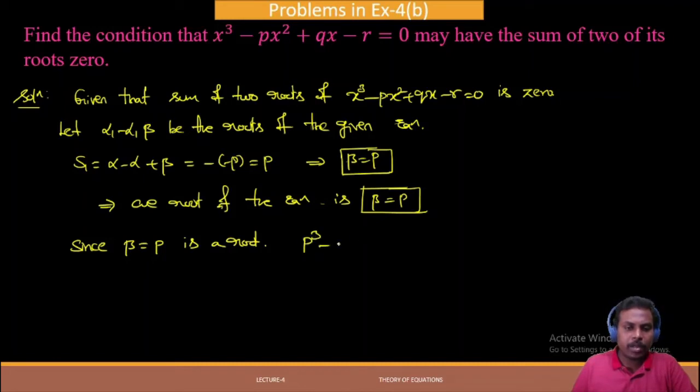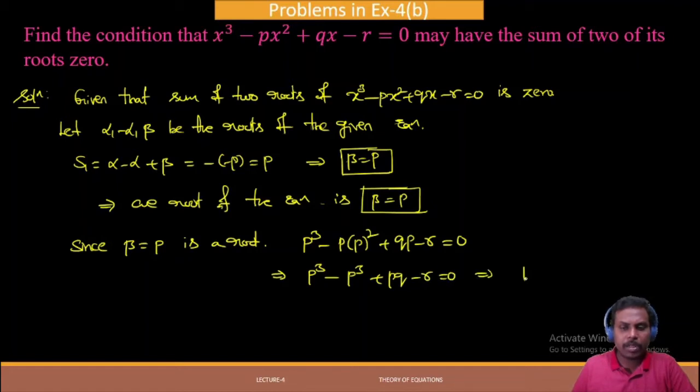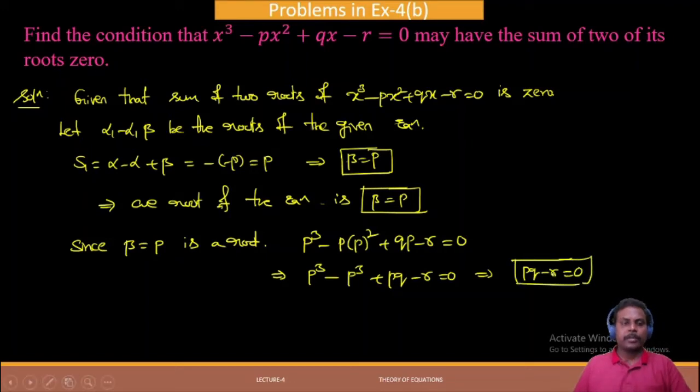So let me substitute that p in the given equation: p cube minus p into p square plus qp minus r must be equal to 0. So this implies p cube minus p cube plus p square q minus r is equal to 0, implies p cube minus r is equal to 0. So this is our required condition.